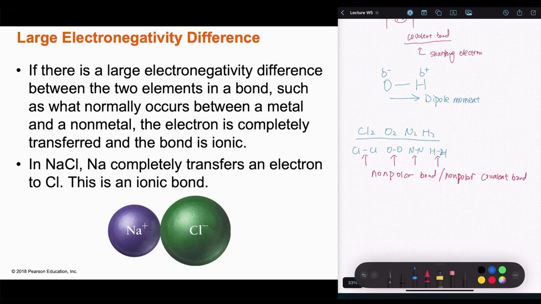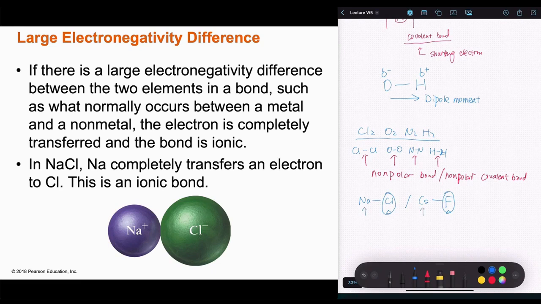If there's a large electronegativity difference between two elements, for example sodium chloride or cesium fluoride, you'll find that because their electronegativities are so different, the electronegativity of the fluorine or the chlorine is much larger than that of the sodium or the cesium.